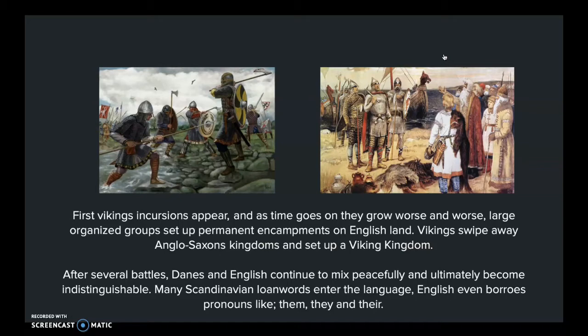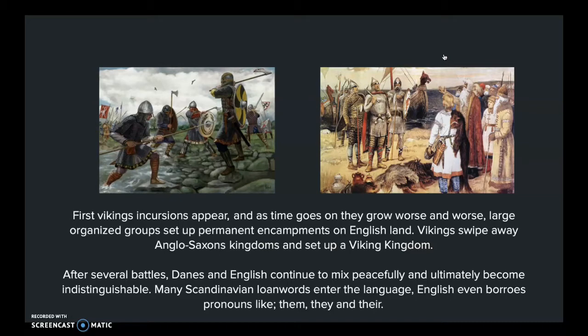Around 858 AD, the Danes and the Norsemen, also called Vikings, invaded the country, and English got many Norse words into the language. At first, the Vikings made some incursions during this period of time, and as time went on, these invasions became worse and worse, and many of the previous groups that were in the English Isles got swept away by the Vikings.